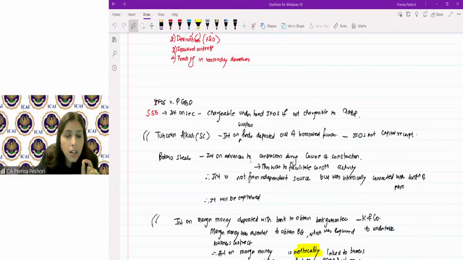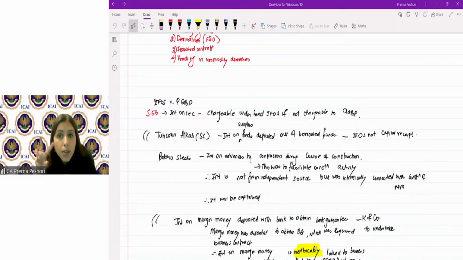Also, as per ICDS, what is ICDS? ICDS 4, sorry, not ICDS 9, ICDS 4. Income earned on the temporary investments made out of the borrowed fund, which is pending to be utilized on the expenditure.